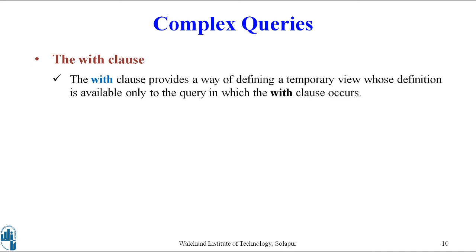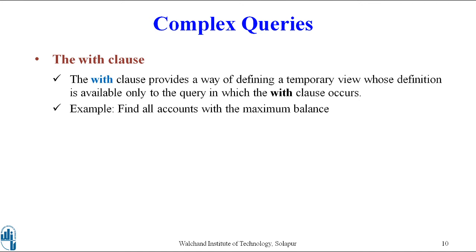However, unlike a procedure definition, a create view clause creates a view definition in the database, and the view definition stays in the database until a command drop view name is executed. The with clause provides a way of defining a temporary view whose definition is available only to the query in which the with clause occurs.